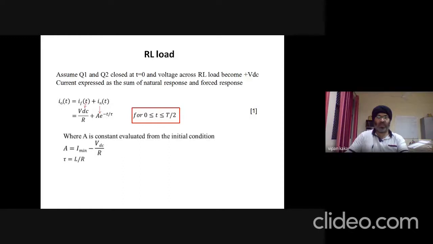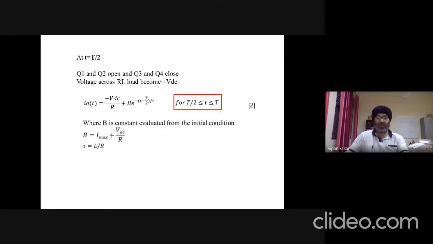We saw that in AC to DC converters, same concept. And we can easily find out, from 0 to half of the time period, the value of that magnitude A, which is the minimum value of current minus the supply VDC by R. The time constant is L by R.